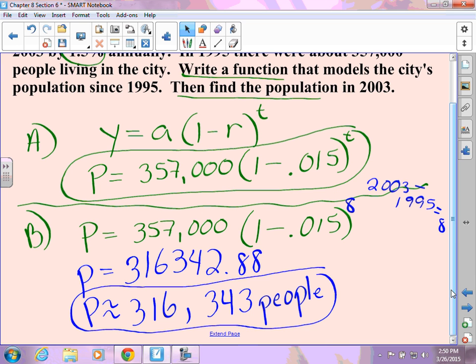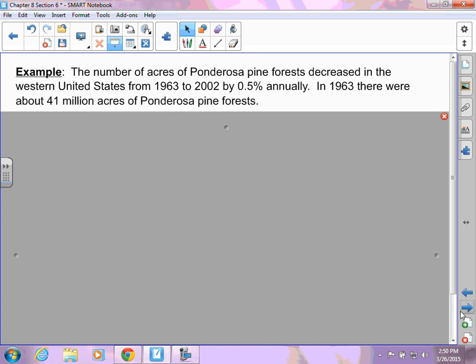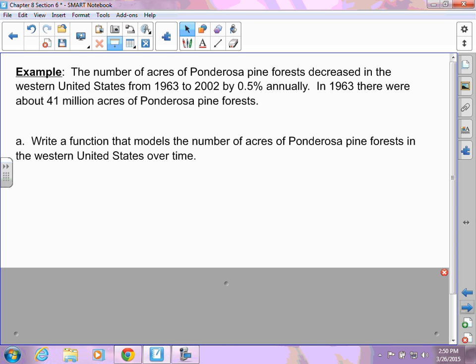Okay, let's go on to the next problem. It says the number of acres of ponderosa pine forest in the Western United States decreased from 1963 to 2002 by 0.5% annually. In 1963, there were about 41 million acres of ponderosa pine forests. They first ask us to write a function that models this. Again, I'm going to grab that equation, y equals a, parentheses, 1 minus r, parentheses to the t.